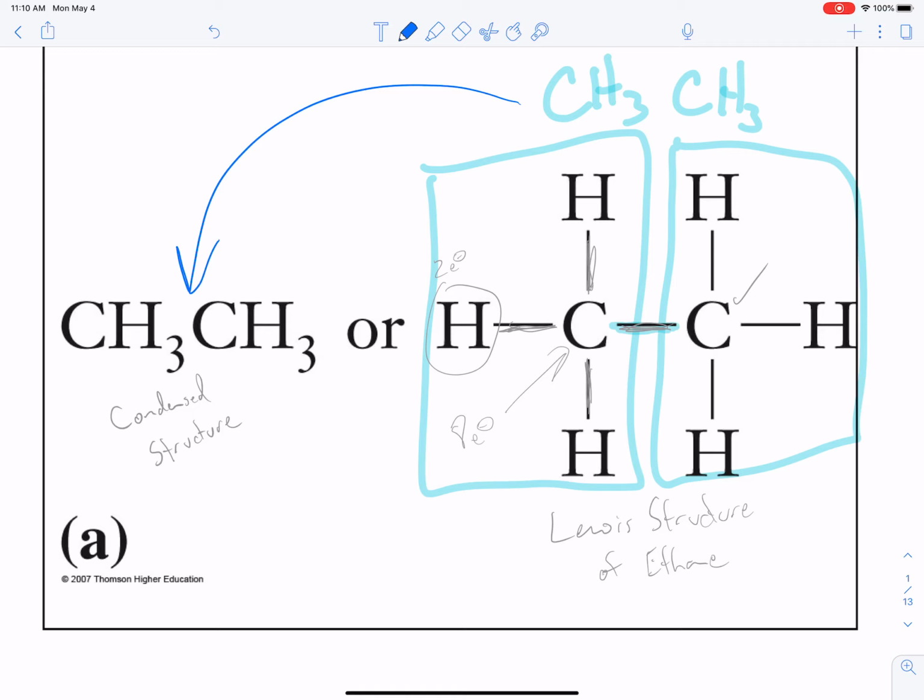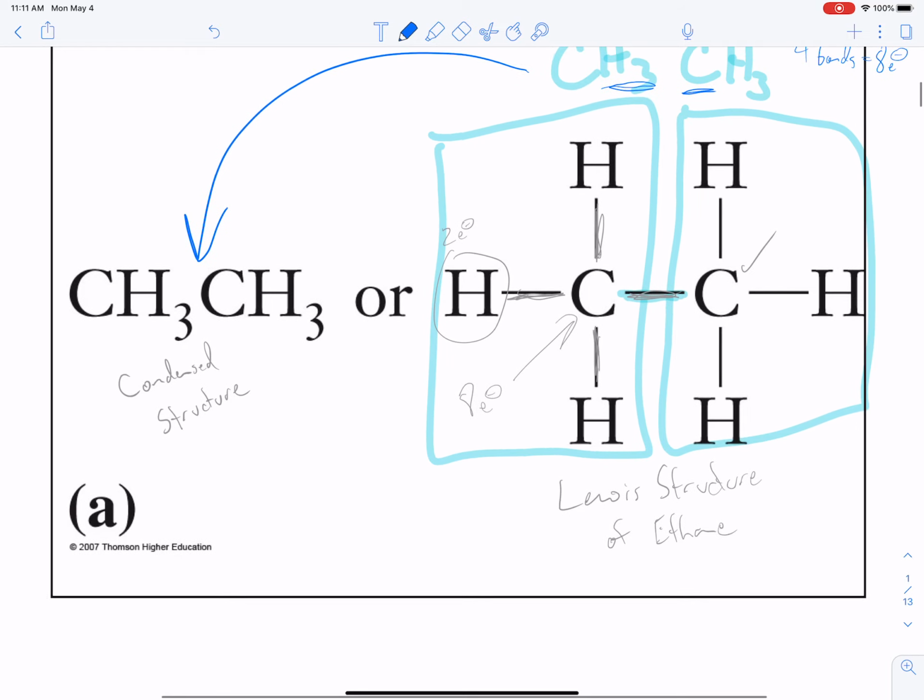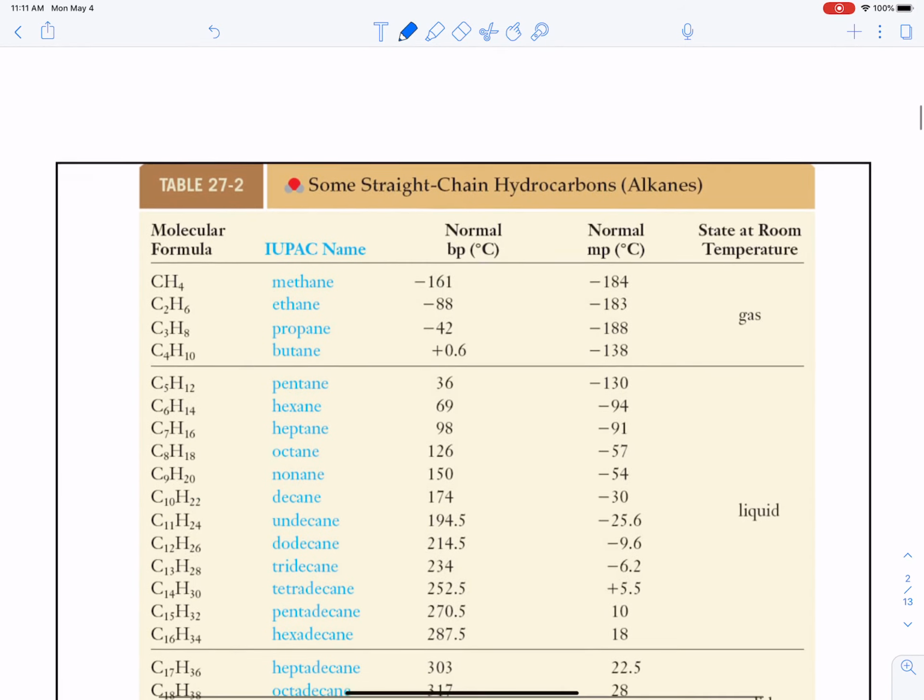Now, this assumes that the carbon that's right here, that C of the CH3 on the left, has 3 hydrogens bound to it and 1 carbon. 4 things. So if we have 4 bonds, then that means we have 8 electrons. So it maintains the Lewis structure as we find it. Now, interestingly, ethane is a really simple structure of a lot of hydrocarbons.